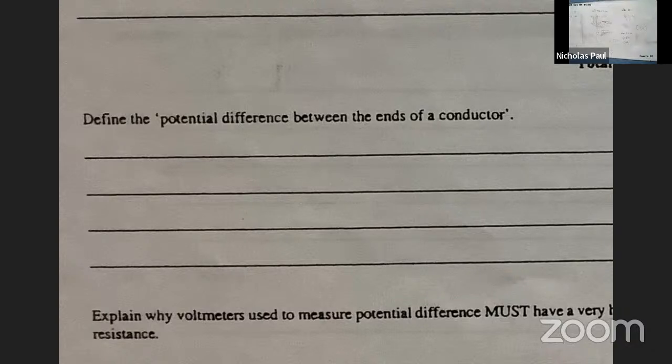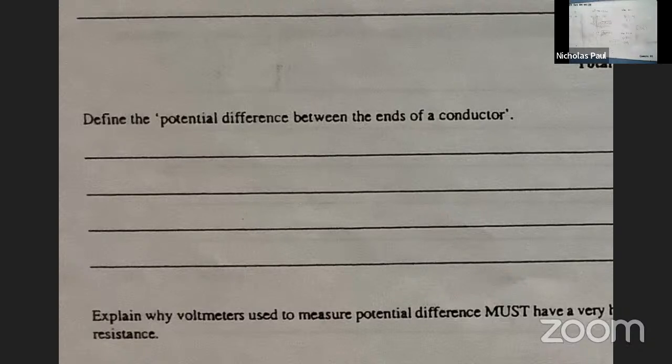All right, so one person said here the difference between the rate of flow of electrons. Okay, I like this one. Naisha said it is the energy converted from electrical to other forms.